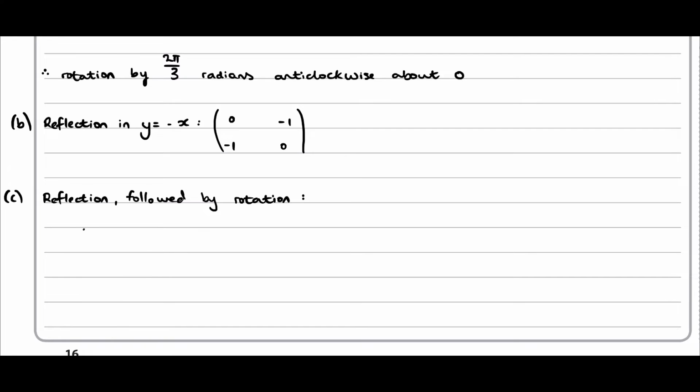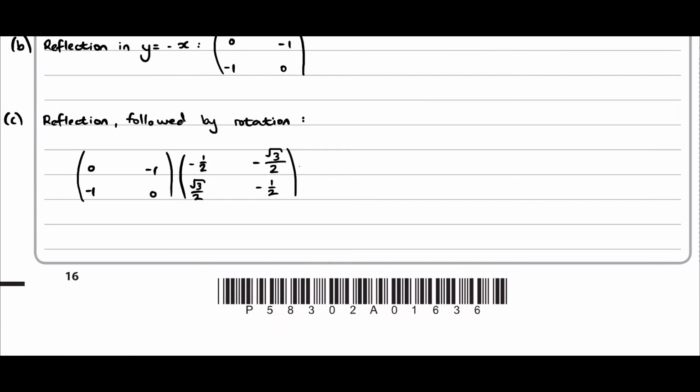So we have over here our reflection 0, -1, -1, 0, followed by our rotation -1/2, √3/2, minus √3/2 and -1/2. Working this matrix out, we have 0 times -1/2 plus -1 lots of √3/2.